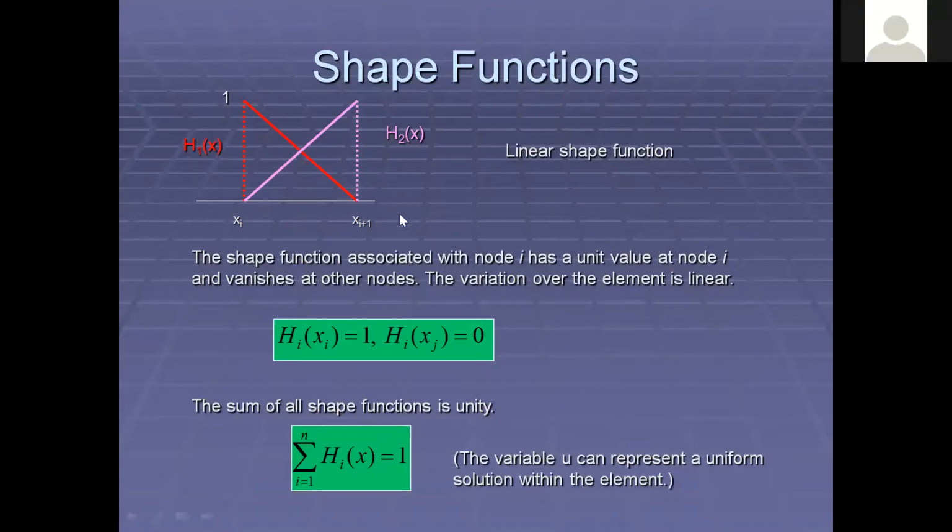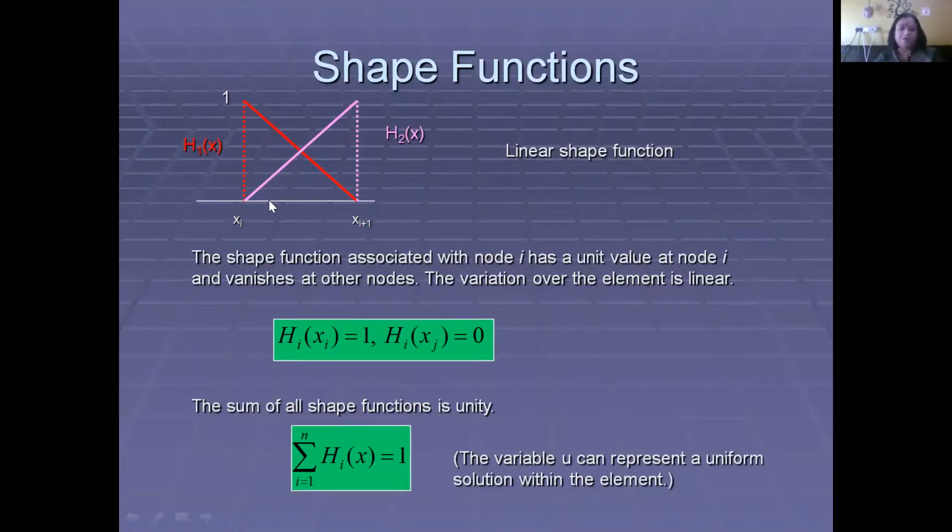So we are going linearly. As h1 linearly decreases, h2 linearly increases. So I have this condition that the sum of all shape functions is unity, at every point on the element.